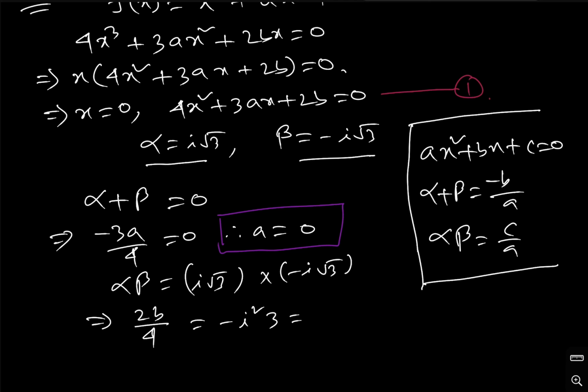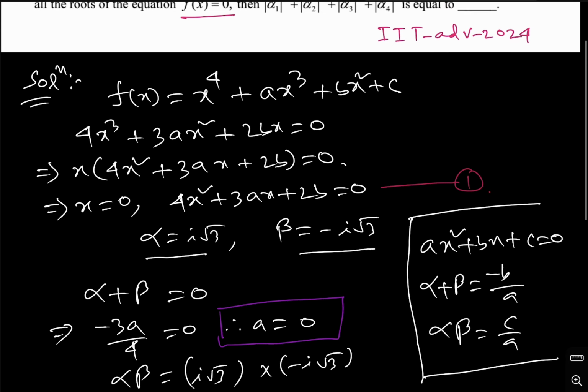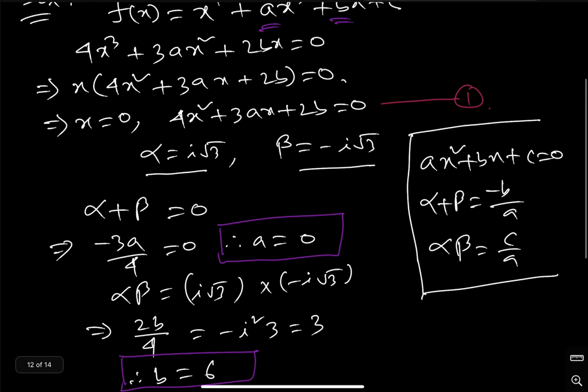That is, i² means -1, so this will be 3. So b will be 6. So we have derived another value of these coefficients, that is a is 0 and b is 6.